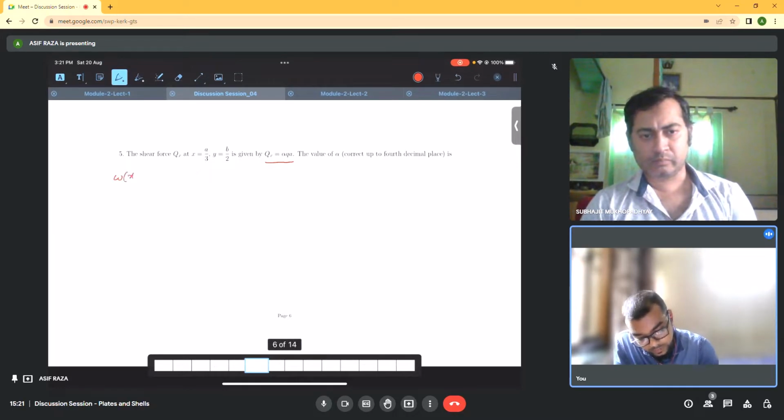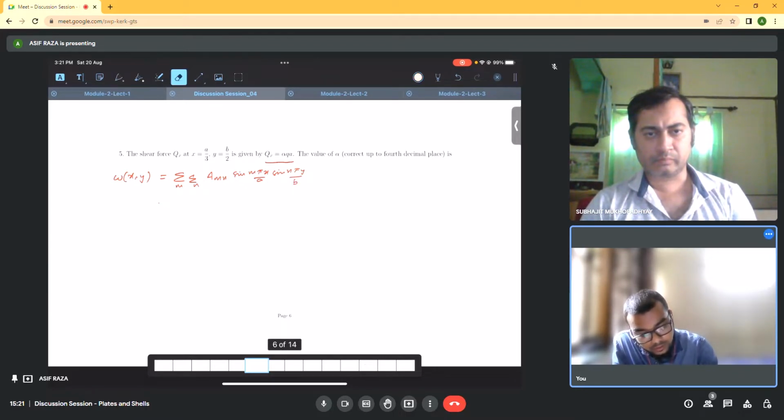So we will have the double trigonometric series as A_mn sin(m pi x by a) sin(n pi y by b). We just take the first term, m equal to n equal to 1.